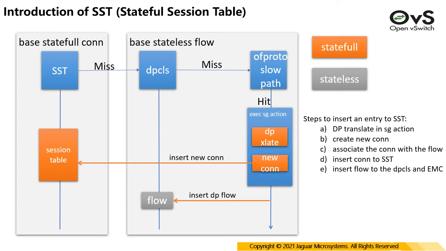If the action is pass, a new connection will be created and associated with the datapath flow, which contains the action info. And then the connection will be inserted into the SST cache. The datapath flow will be inserted into the DPCLS and EMC as usual.